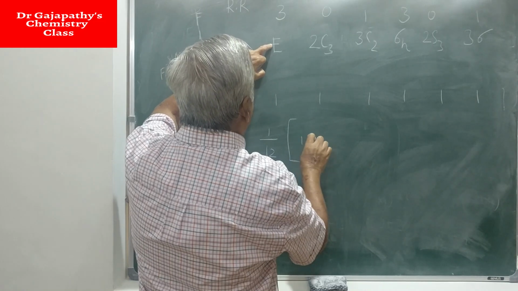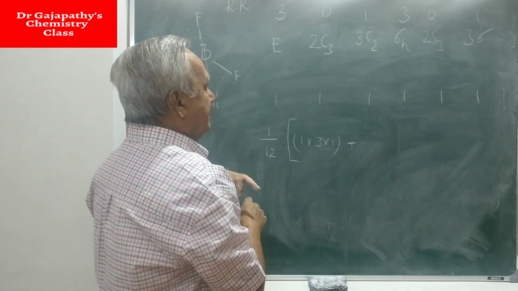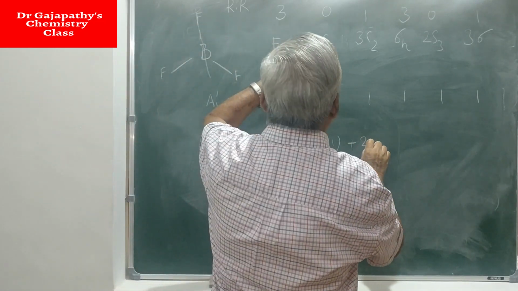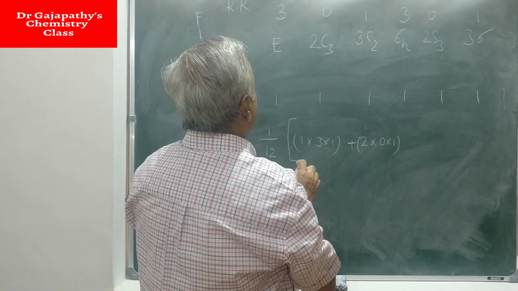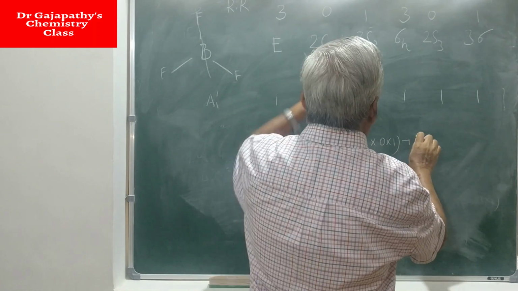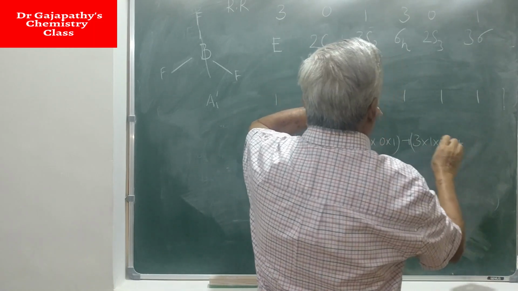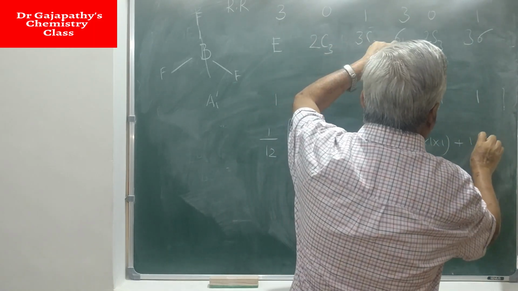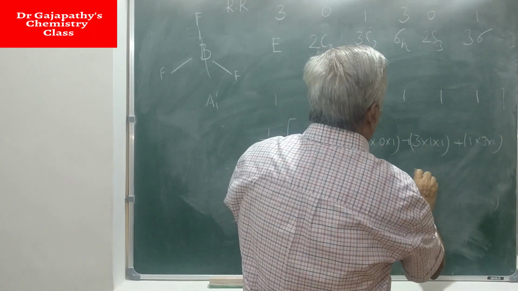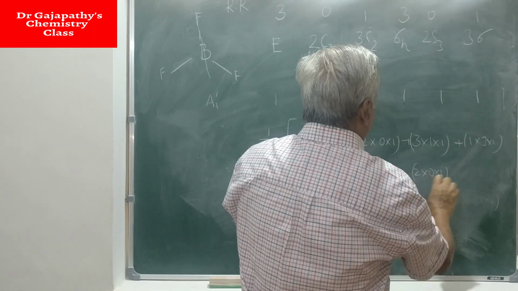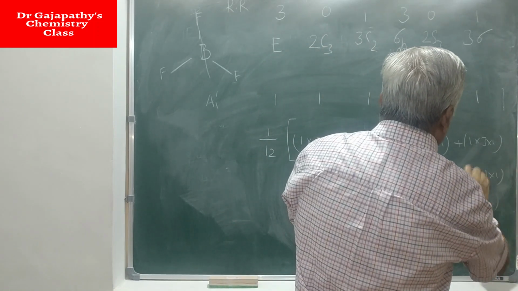Only 1 is there: 1 into 3 into 1, plus 2 into 0 into 1, plus 3 into 1 into 1, plus 1 into 3 into 1, plus 2 into 0 into 1, plus 3 into 1 into 1.